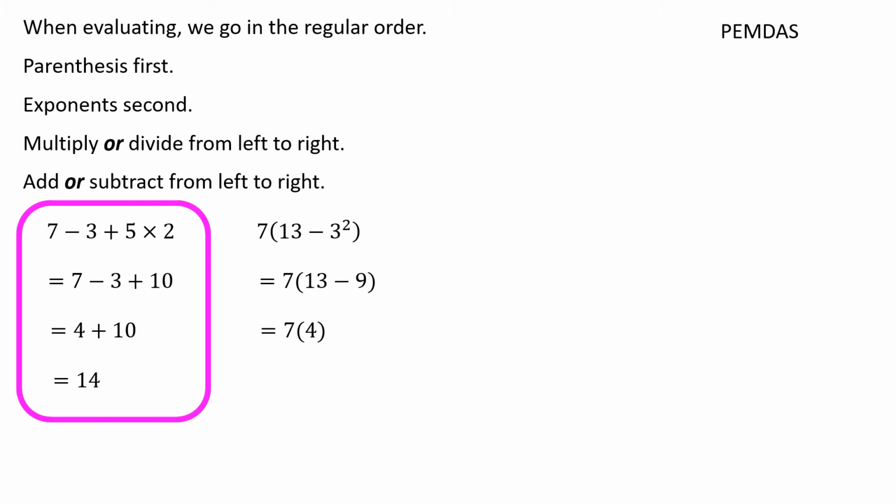Right? So I had to start inside the parentheses, and I had to do the exponent before I could do the subtraction. Now everything inside of the parentheses is taken care of. And if I don't see a symbol between the 7 and that set of parentheses, got to remember that's multiplication, right? That's actually 7 times 4. And 7 times 4 is 28.